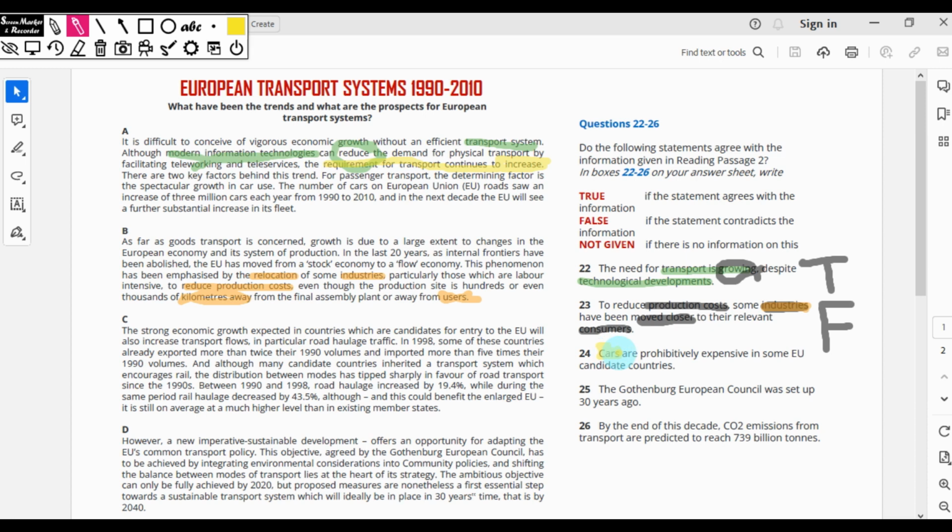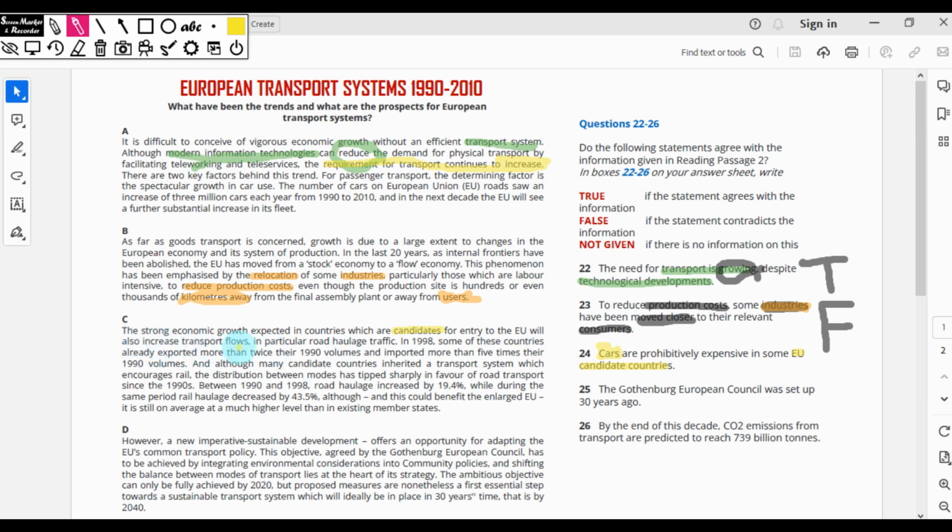If there is something about it, we need to first locate the answer. Candidate countries, cars are expensive in some EU. So let's begin the search. Skim the passage. Some candidate countries. Here are the candidate countries.